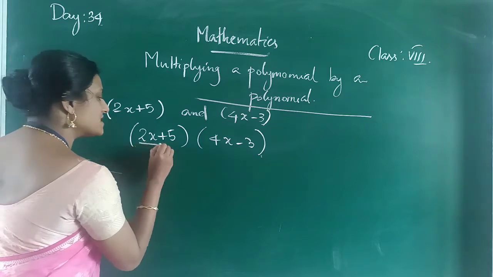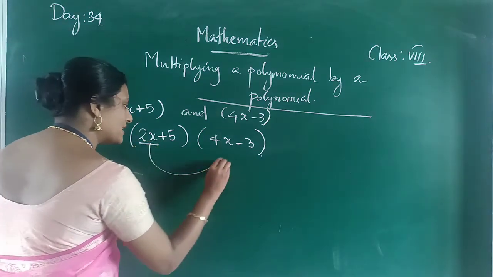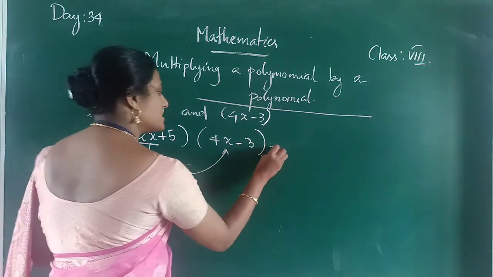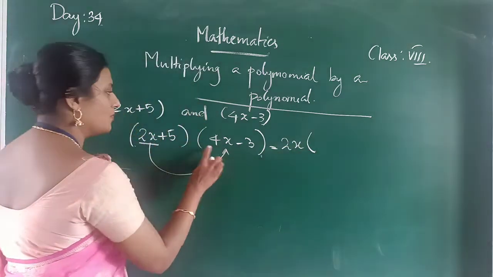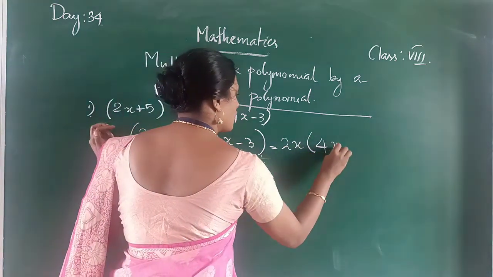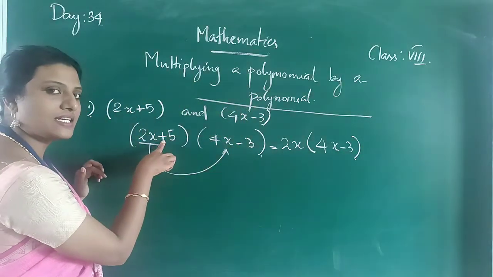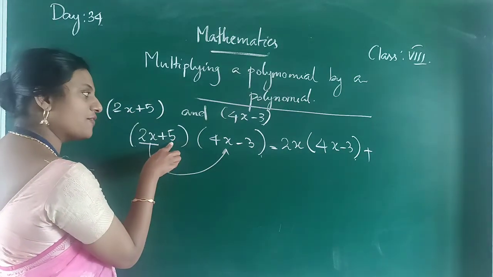Listen. Take the first term of the bracket, that is 2x. Multiply this 2x with the second bracket, that is 2x into 4x minus 3. Next, what is the sign here? Plus. Second term is 5.